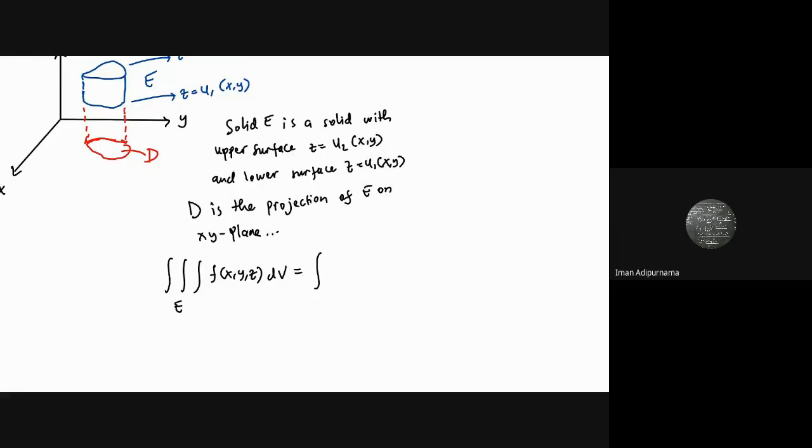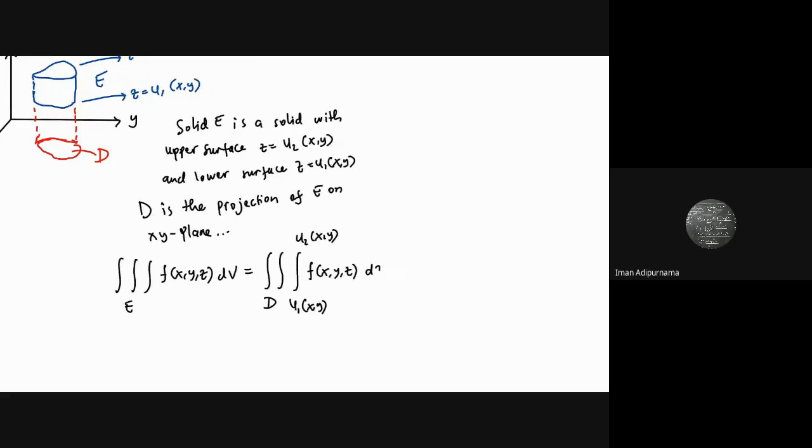So we can have this D, and take the integrations from the lower surface to the upper surface, and then dz and dA. Now for D, it can be dx dy, it can be dy dx.